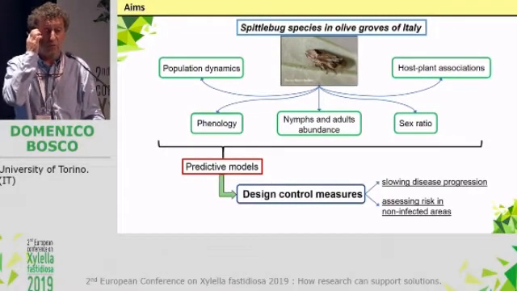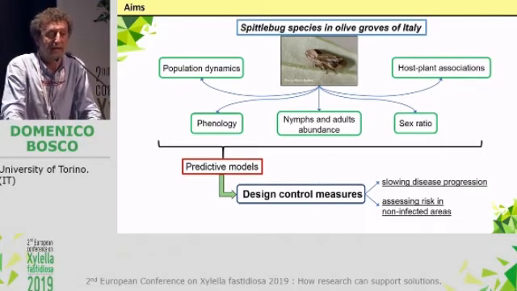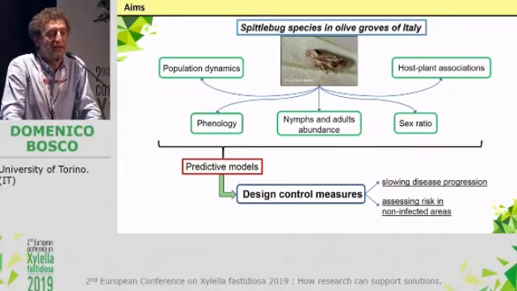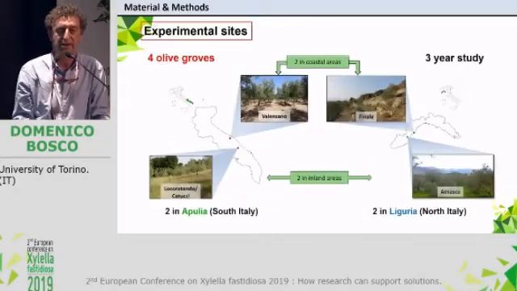The idea of the work was to provide a large data set on population dynamics, phenology, and abundance of nymphs and adults, and their host plant association, in order to feed predictive models that can help in designing control measures aimed either at slowing disease progression in the infected areas or assessing risk in non-infected areas.